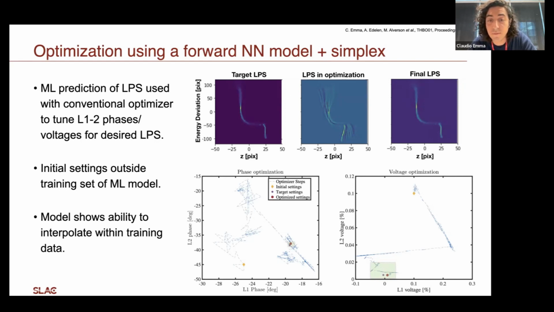And even though the machine learning model is not trained within this range, we're trying to see if it can extrapolate to the correct settings. And the model does show that it can do this, and then it can take you very close to the optimized settings, being very close to your target.